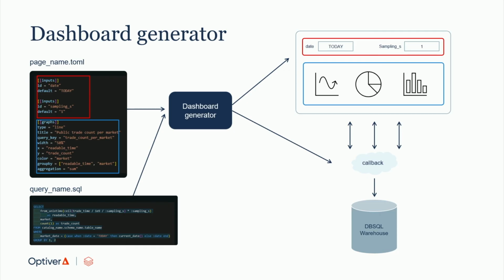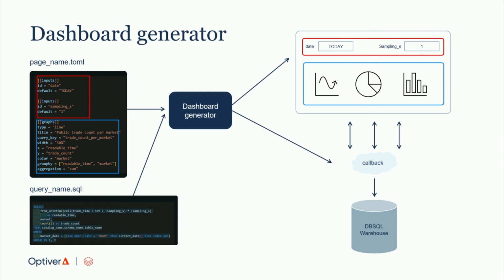For example, the query key, the layout, color, groupings, etc., all in a declarative way. We also have an SQL file that defines the actual query logic, which is parameterized and reused across multiple dashboards.